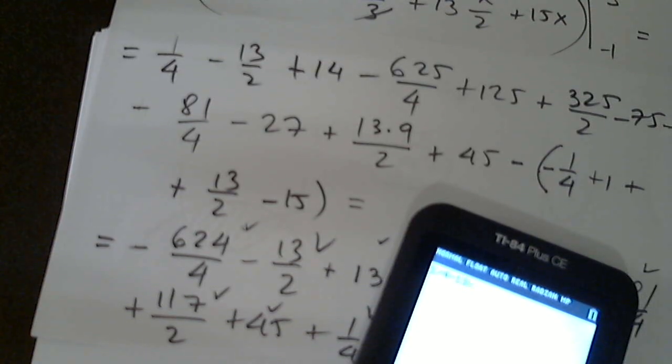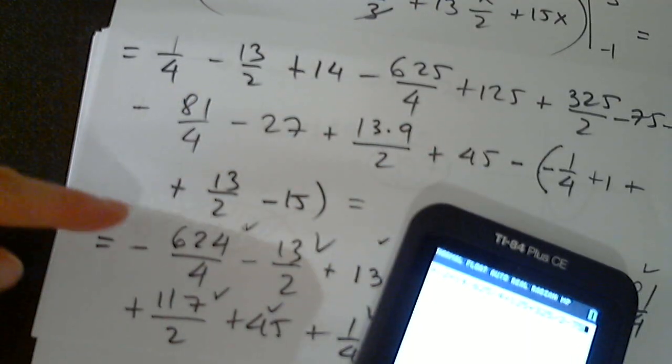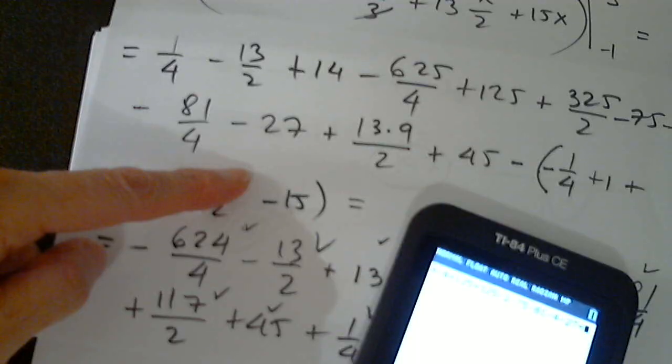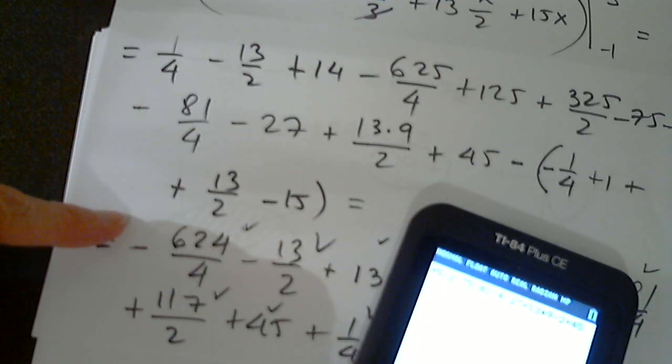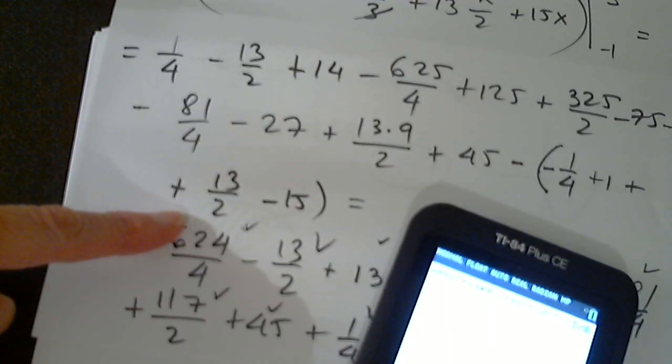Okay, minus 13 divided by 2 plus 14 minus 625 divided by 4 plus 125 plus 325 divided by 2 minus 75 minus 81 over 4 minus 27 plus 13 times 9 divided by 2 plus 45, and then plus 1 divided by 4 minus 1 minus 13 divided by 2 and plus 15.